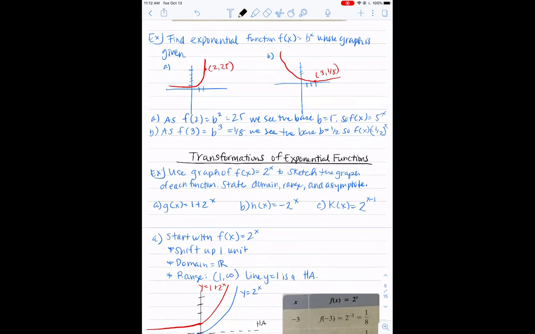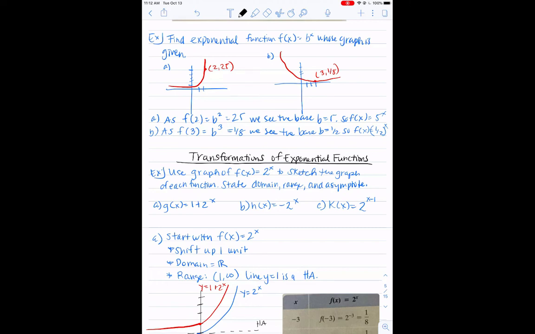Okay, for this example, we're going to find the exponential function f of x equals b to the x, whose graph is given. So for our first graph, we have our point (2, 25). So we can notice here f of 2 equals b squared equals 25.